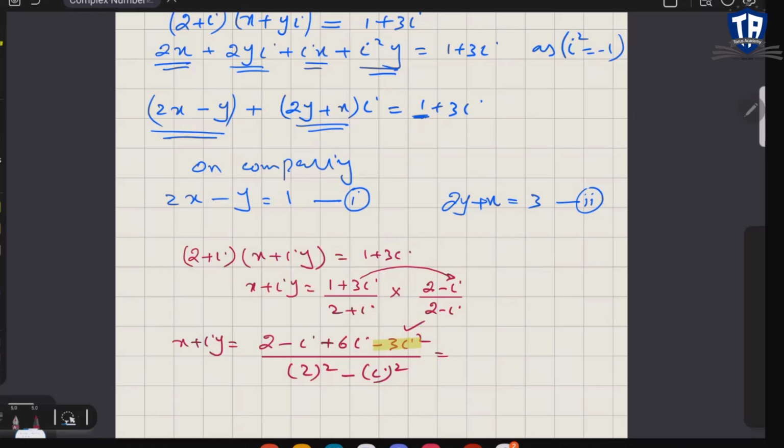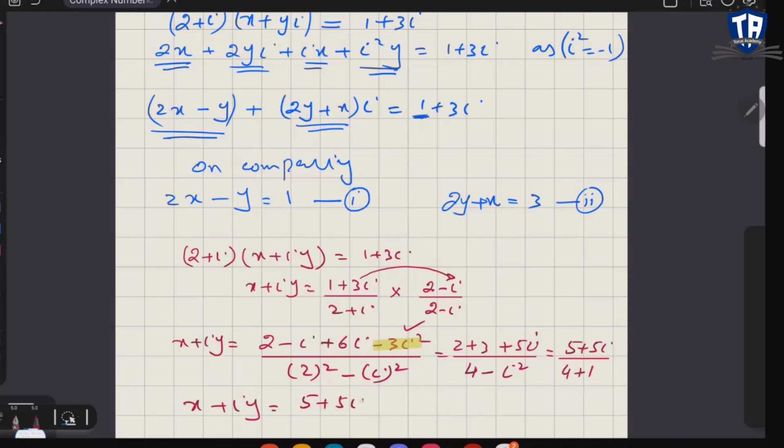So I'll write it as 2 plus 3 and plus 5 iota, and in the denominator I have 2 square, 4, minus iota square. It is 5 plus 5 iota. In the denominator it is 4 plus 1. So x plus iota y is equal to 5 plus 5 iota over 5.